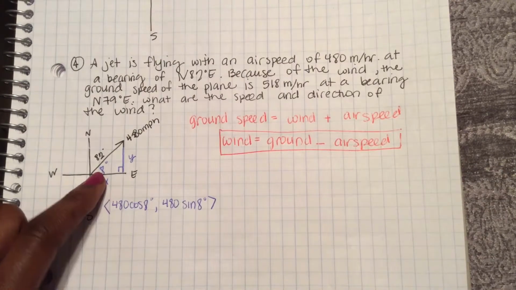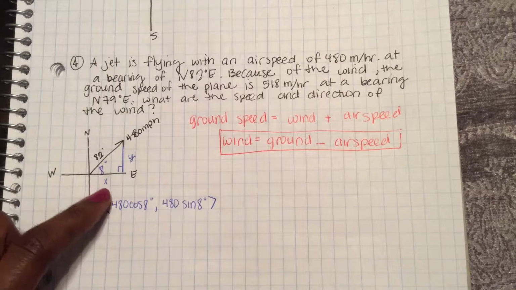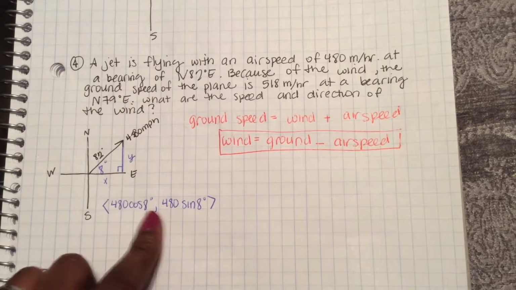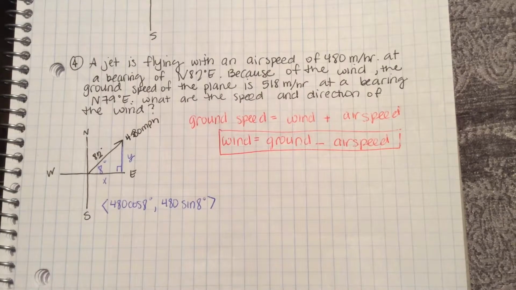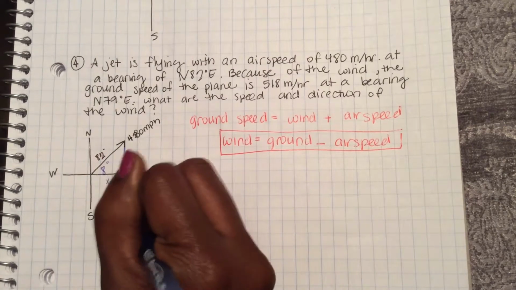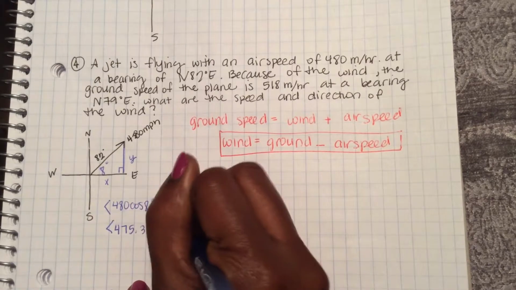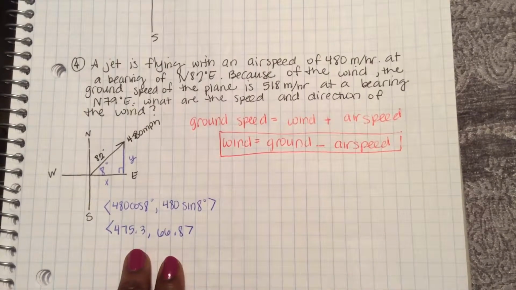That's because cosine of 8 is x over 480 and sine of 8 is y over 480. 480 multiplied by cosine of 8 is approximately 475.3, and 480 times sine of 8 is approximately 66.8. So that is my airspeed vector.